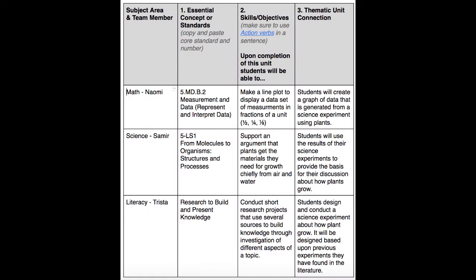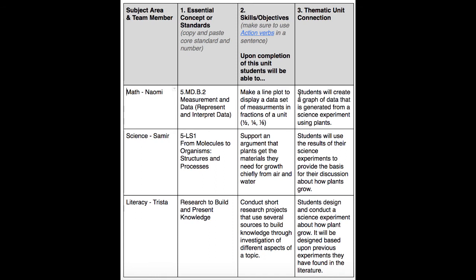So here's a table that you would put at the end of your thematic unit. You notice that it has a place for you to identify the subject area and the team member. You identify the essential concept or standards. And then over here it says, upon completion of this unit, students will be able to, and then you put an objective in here. Could be one that you wrote yourself, could be one that's inspired by the Iowa Core.